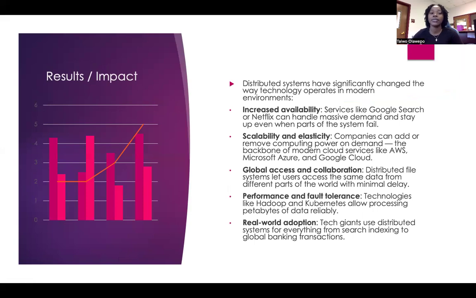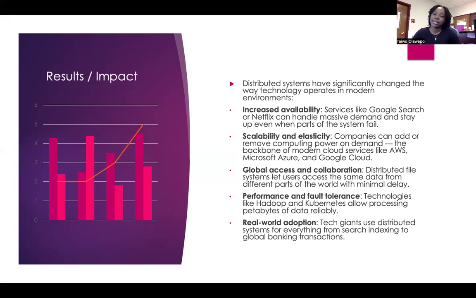Tying back into the results and impact, distributed systems have majorly changed the way technology operates in a modern environment. As I mentioned, with increased availability Netflix can now handle massive demand. Everybody is on Netflix, with so many new shows, so we can handle major demand and keep running even when parts of the system fail.